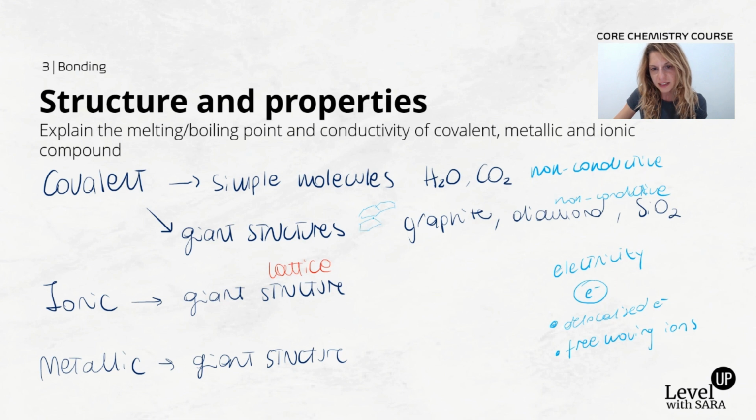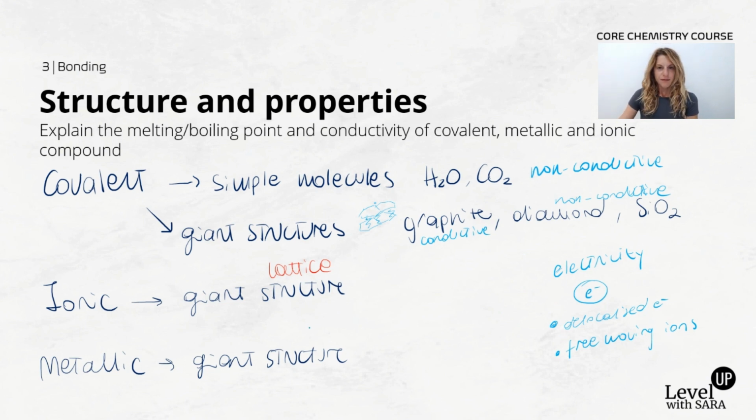Because each carbon is bonded to three other carbons, there is one spare electron, and this spare electron is free to move across the structure. So it does conduct electricity, because the electrons are free to move, or delocalized.